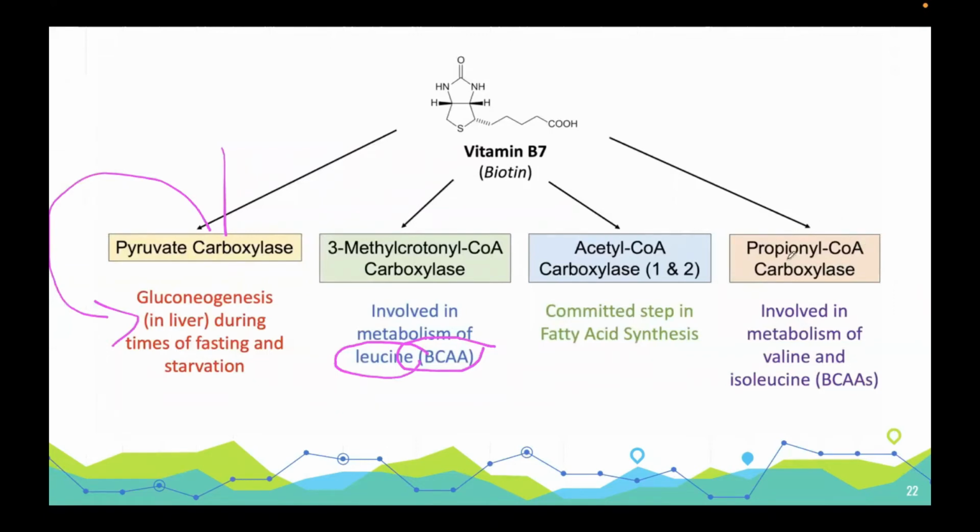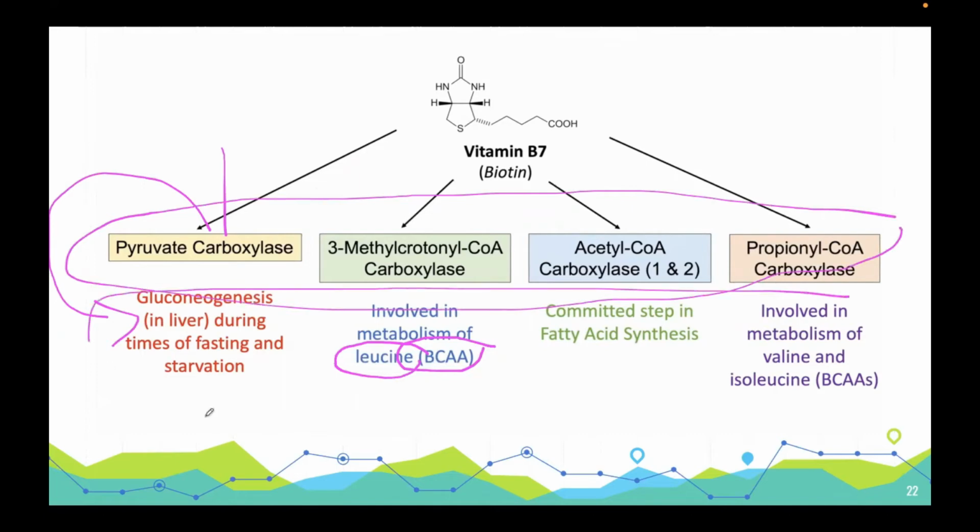So what does it do? It is involved in the metabolism of your valine and isoleucine or your branch chain amino acid. So sabi ko nga po, si vitamin B7, it serves as a cofactor sa ating mga enzymes na ito. Ito yung mga enzymes natin. Ito yung mga processes kung saan sila involved. And then si biotin or si vitamin B7, cofactor siya doon. Okay, gets?